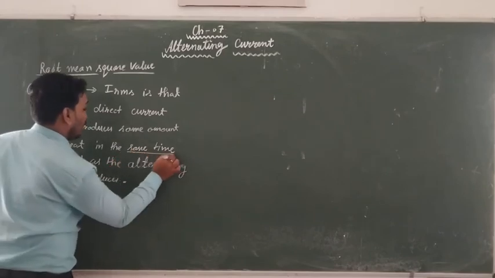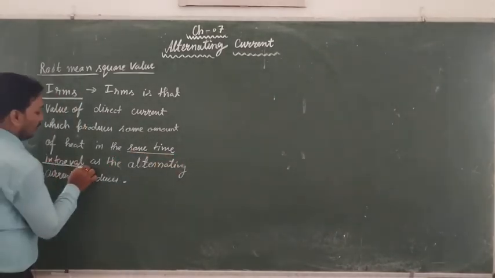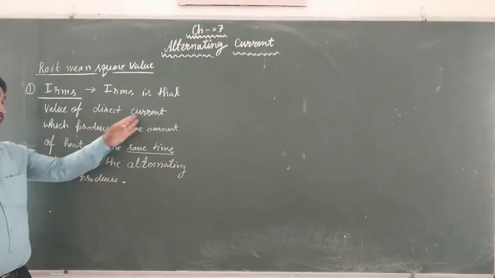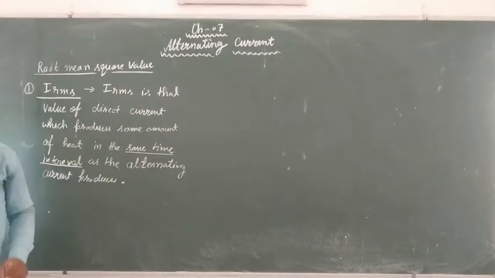Same time interval means basically the time interval for which the AC flows in a circuit and the time interval in which that DC flows in the circuit is the same.